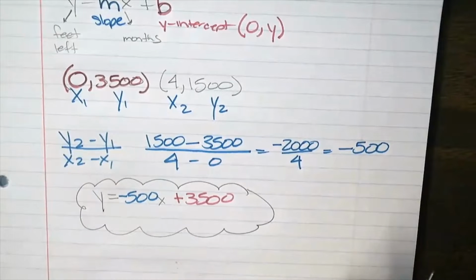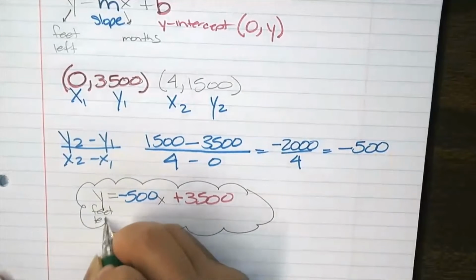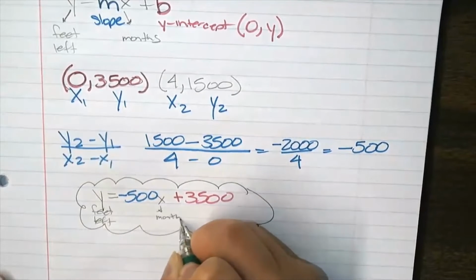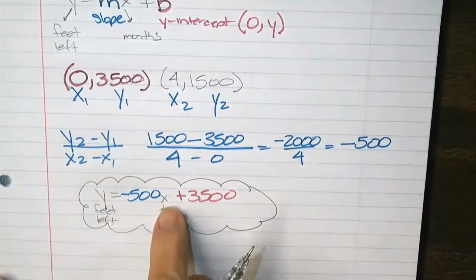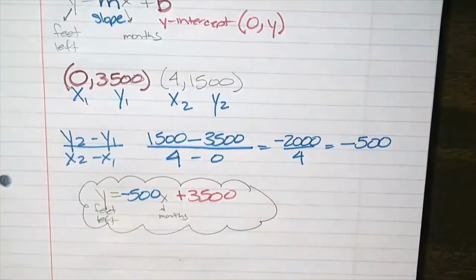The second part is asking me, how long will it take until the tunnel is finished? Well, y is feet left, X is months. We want to know how many months is it going to take until that tunnel is finished.